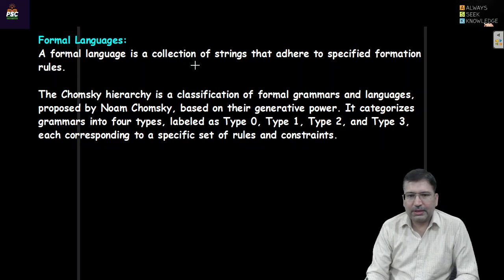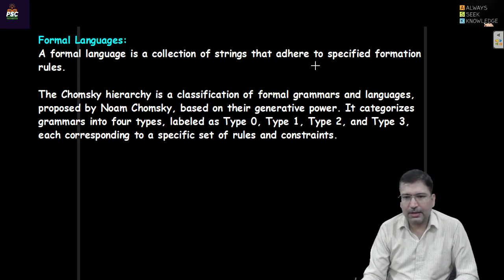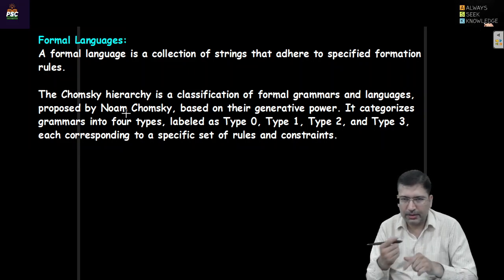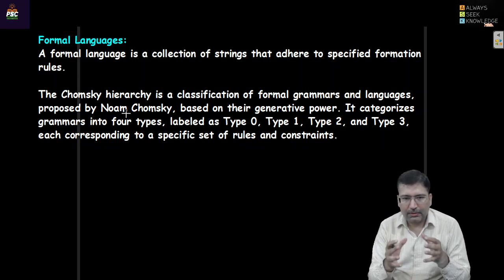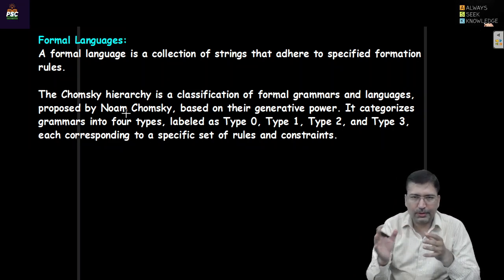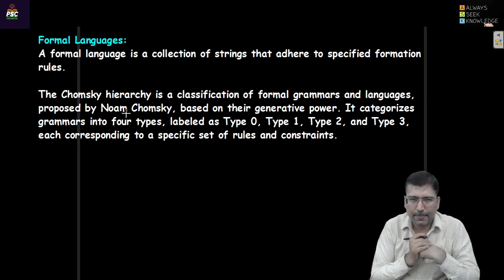Okay, so let's talk about formal language in a little more detail. A formal language is a collection of strings that adhere to specified formation rules. These rules will be defined in the grammar. So a formal language is a collection of strings, or you can say long sentences, and those sentences will be formed by following the rules of grammar.